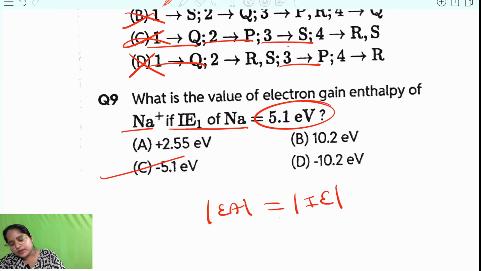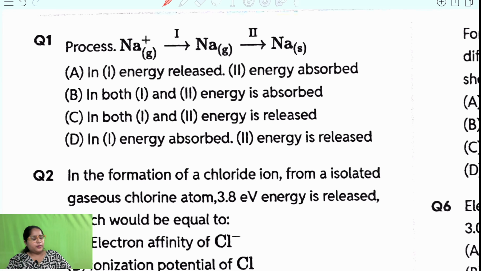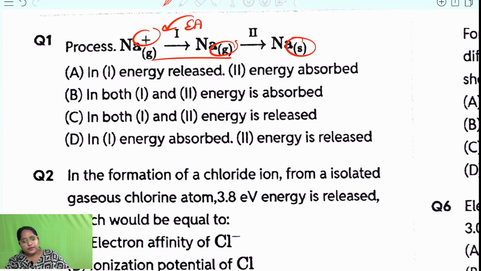So here we have finished our DPP number 8. Now let us proceed towards DPP number 9, the last DPP. Process: Na+ gas. Here we are adding one electron, so it is our electron affinity, and then gas to solid. In both the cases energy will be released.